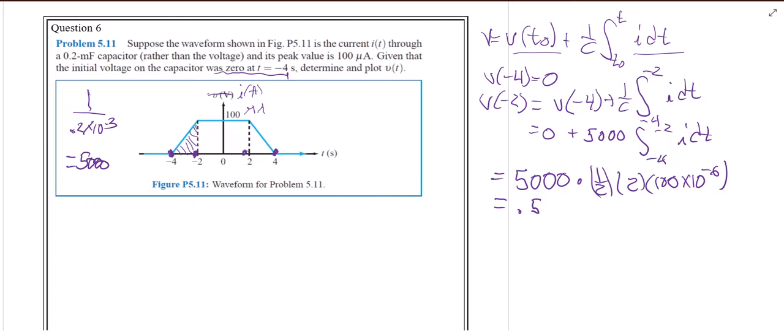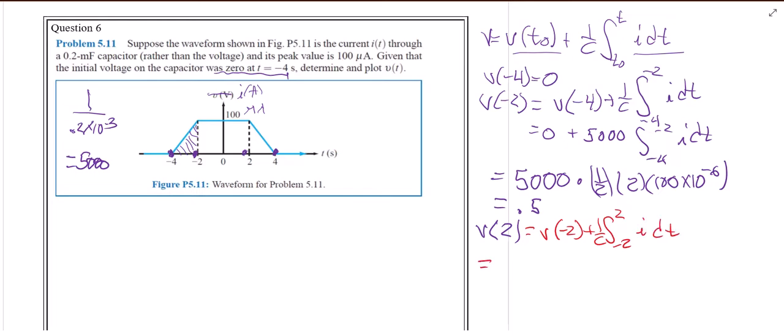Okay, now let's get V at 2. So I know what V at -2 is. So now to get V at 2, I can say that's the same as V at -2 plus 1 over c, integral from -2 to 2 of I dt.